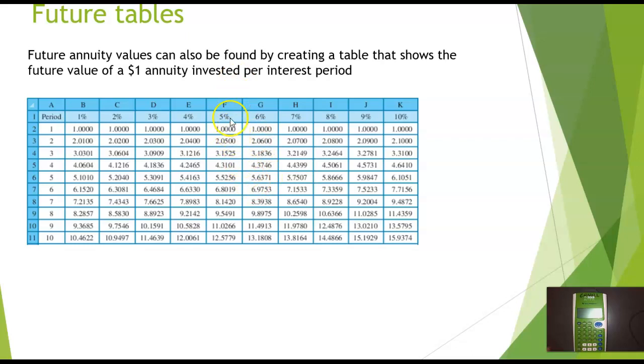So if we look here, if we were investing at 5% for, say, 6 years, we would go down the column 5, cross to 6, and we'd get this 6.8019, and we would multiply whatever value of the annuity that we invested by it.